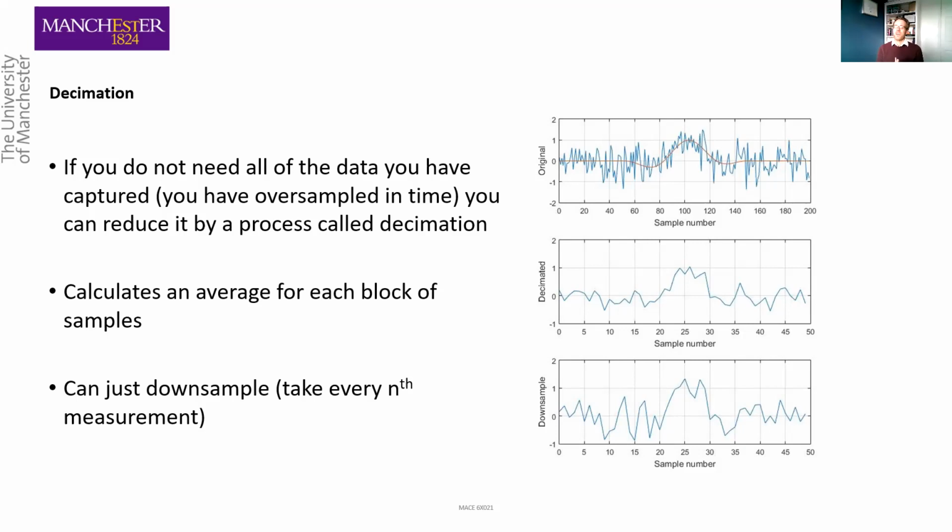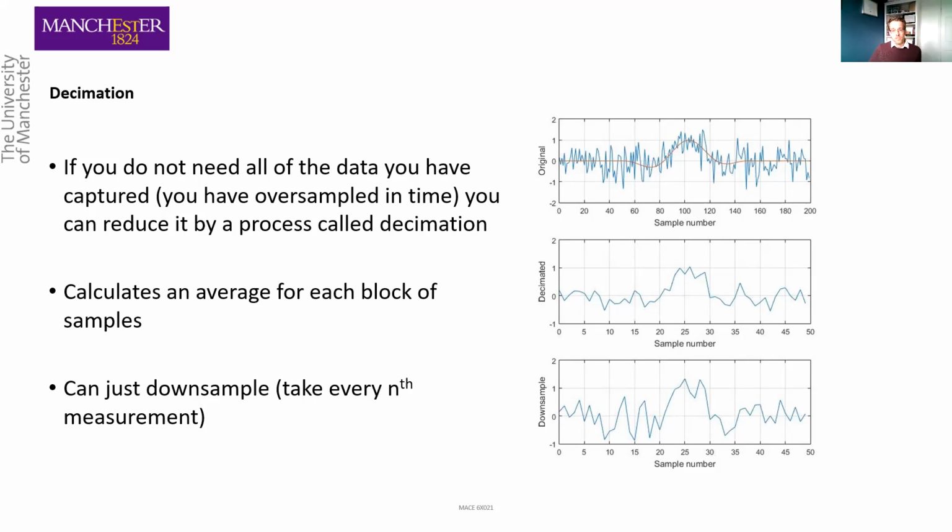In a signal processing context though, what this means is that you take a block of your data and you reduce that block to a representative sample. You could do this by taking the average, for example. So you take a 10 sample block or 20 sample block, take the average and put it at the middle of that point in time, and do it throughout all of your signal history so that you can reduce the sample rate.